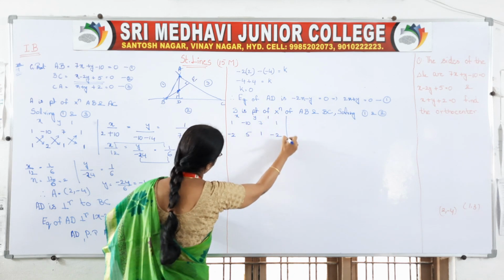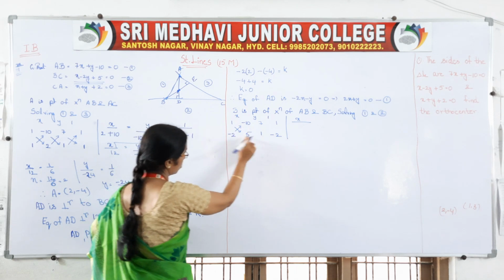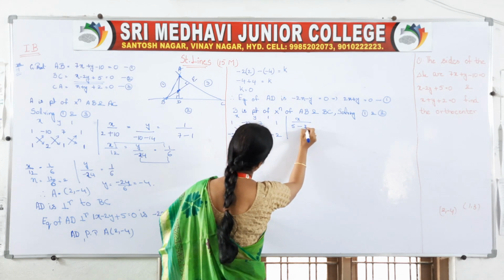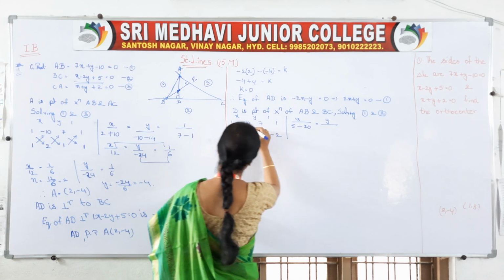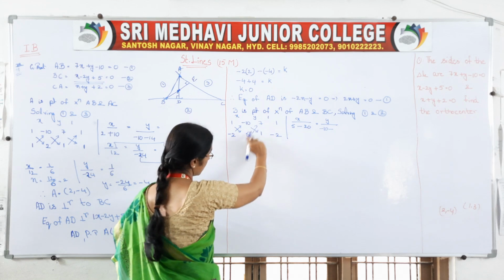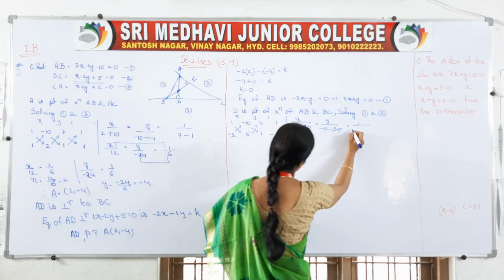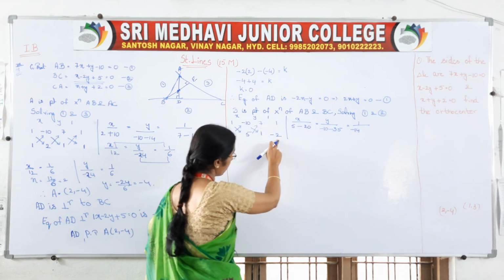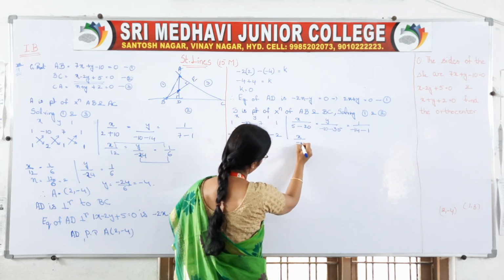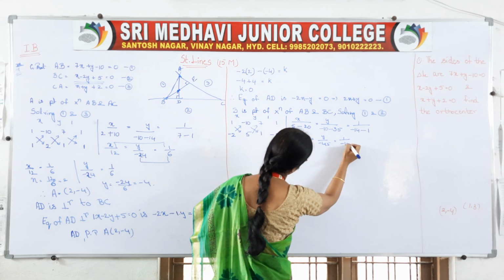Above we have to write like this, then x divided by, come on, this into this minus this into this, 5 minus minus of minus plus 10, 2 5s are 10, is equal to y by same thing, this into this, so it is minus 10 minus 5 7s are 35, is equal to 1 by minus 7 into minus 2 minus 14 minus 1 into 1, so it is x by minus 15, y by minus 45, 1 by minus 15.